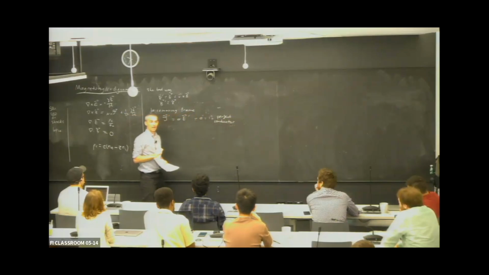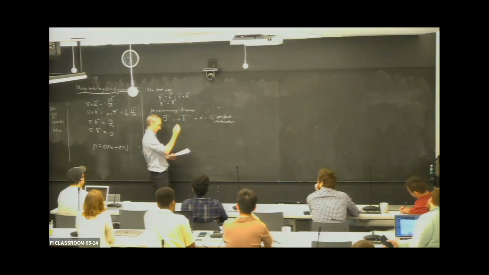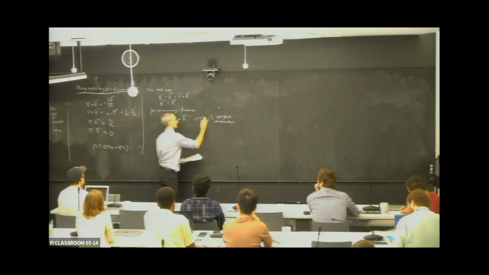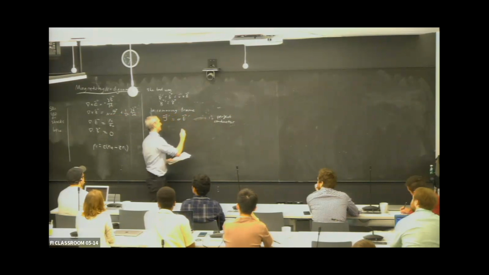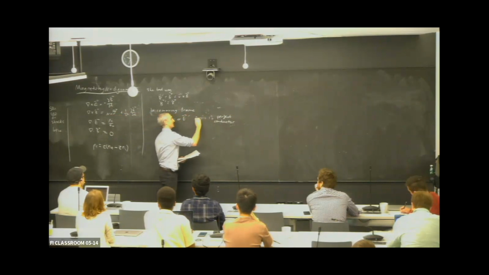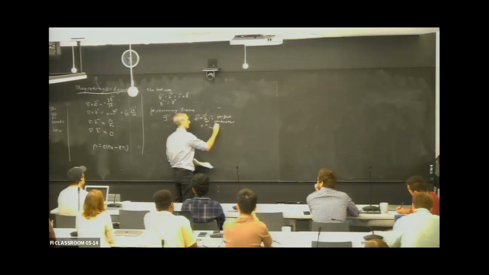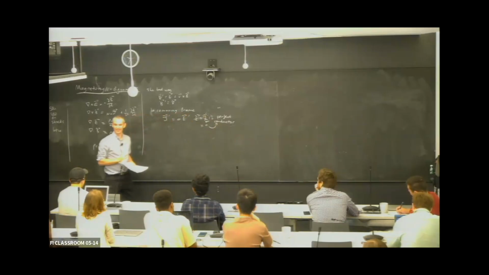So that's what we call ideal MHD. Sorry, the other way around. A perfect conductor is sigma goes to infinity, so E dash equals 0, not J.